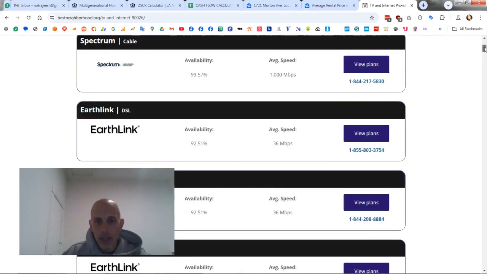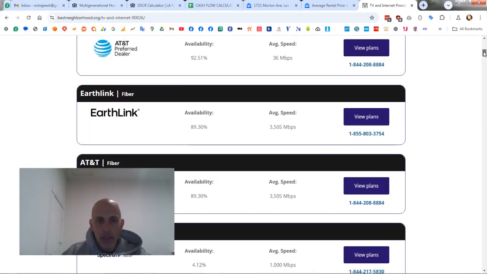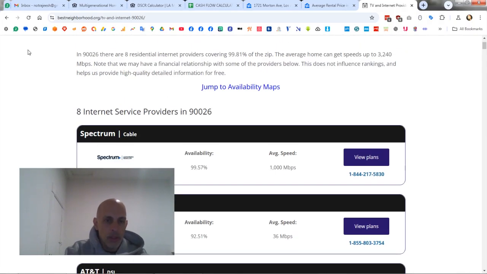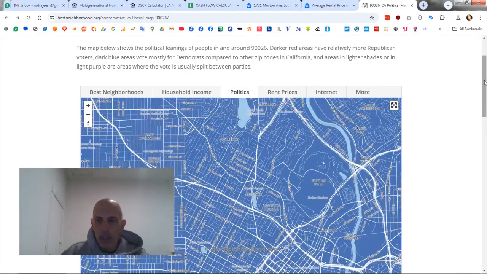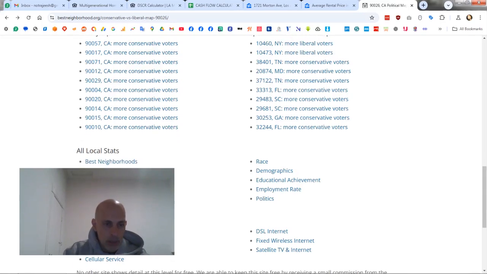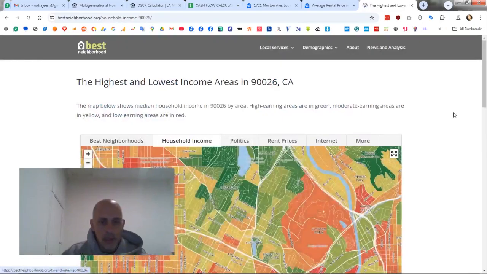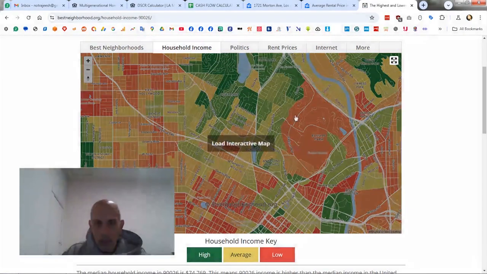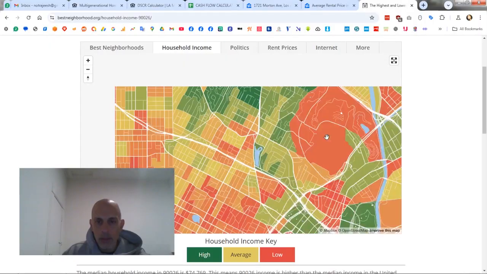Internet providers, that's something that's good to know. So it seems like you've got a lot of choice, basically, which is really good. I don't really care for politics of the neighbors. Let's see what it's like based on income, right? Yeah, I mean, they've got pretty decent incomes here.